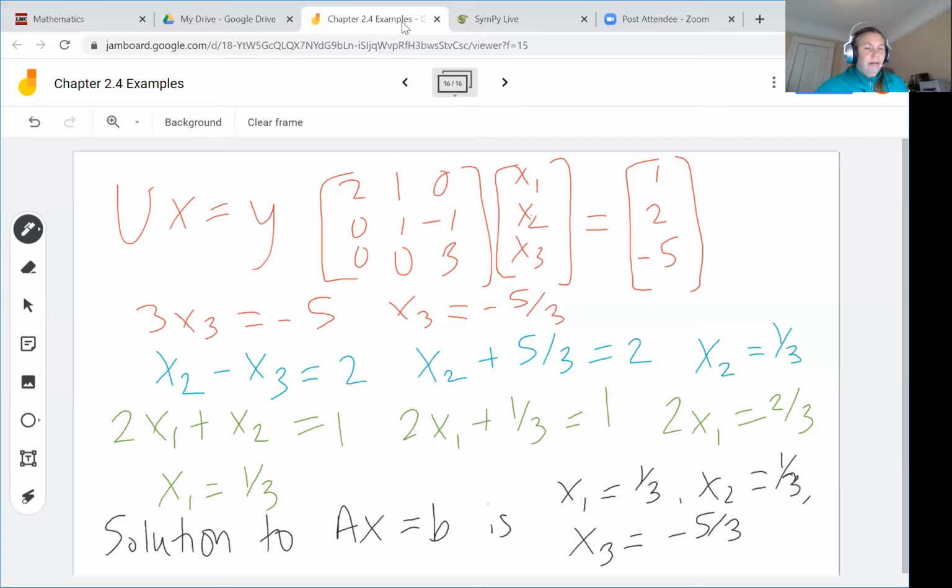All right, so that's how you can use the LU factorization, or we can call it the LU decomposition, to solve a system of linear equations.